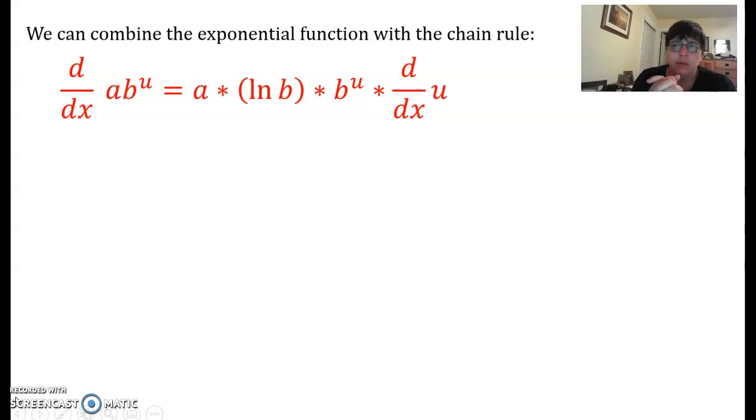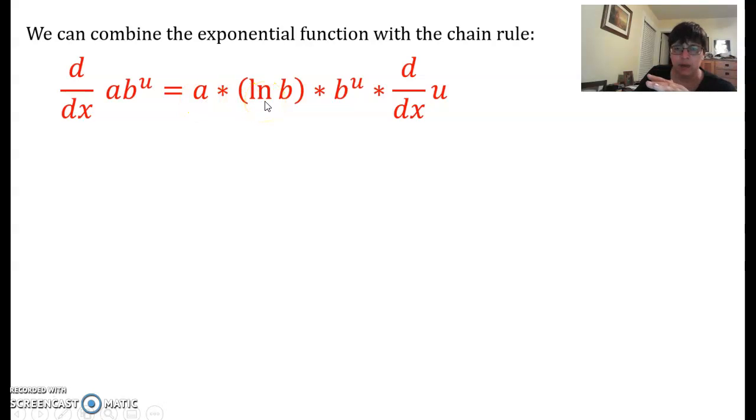Do you remember the chain rule? The chain rule said we had a function of a function. The function was kind of tucked inside. Well, right here, the function is tucked in the exponent. Remember way back, a few slides back, I said the exponent could be a function itself. So we keep the start the same. The constant stays there.